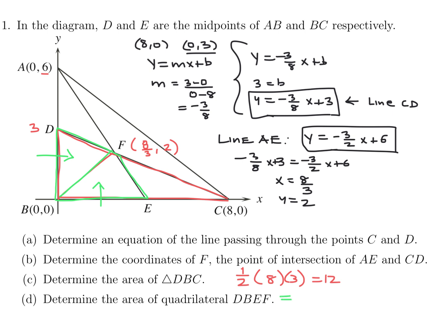So the area will be 2 times those, and each of those is a triangle, so 1/2 base times height. The base from here to here looks like 4, since E is the midpoint. And the height from here to here is the y coordinate of F, which is 2. So that just becomes 8. And that's it.